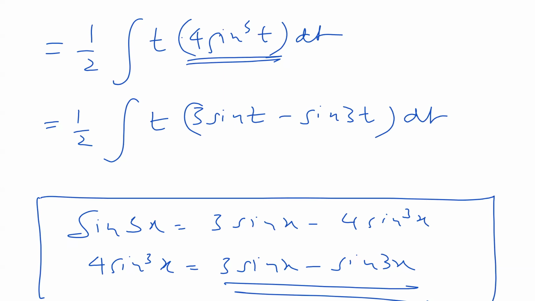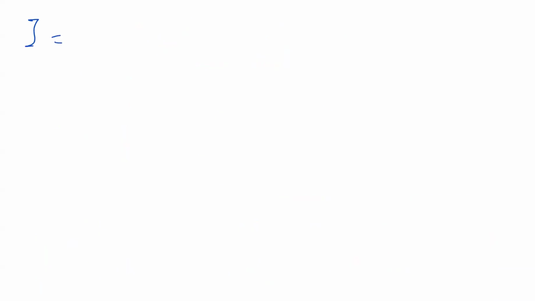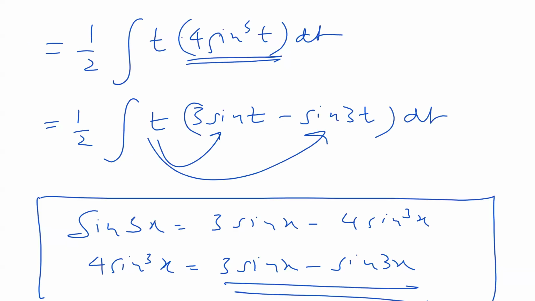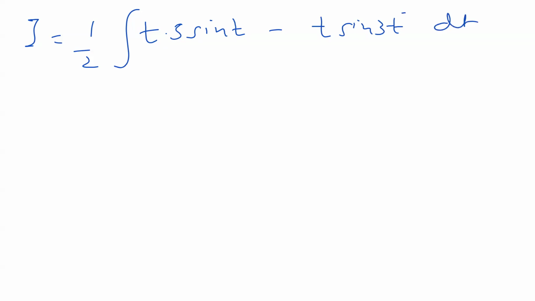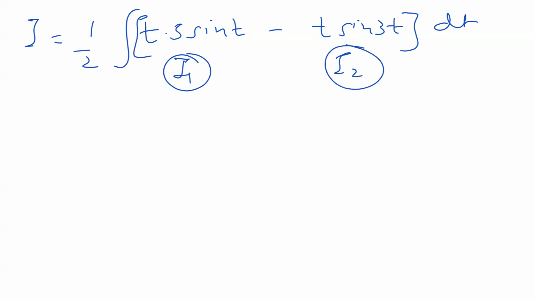Now t you multiply with both. So I is equal to half t into 3 sine t minus t into sine 3t dt. So this is I1 and this is I2.